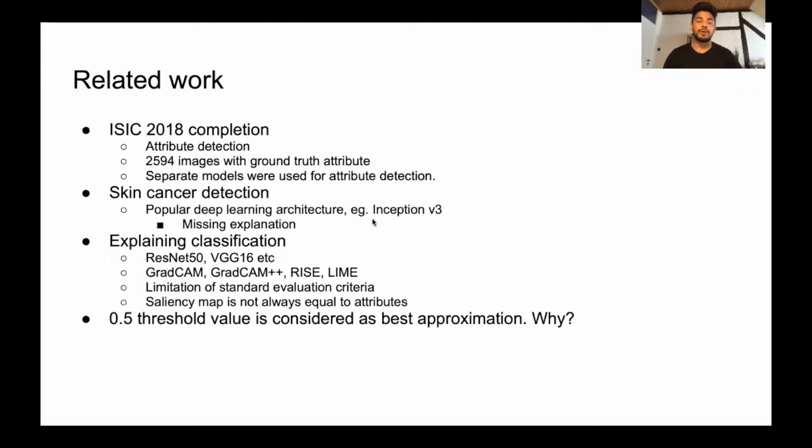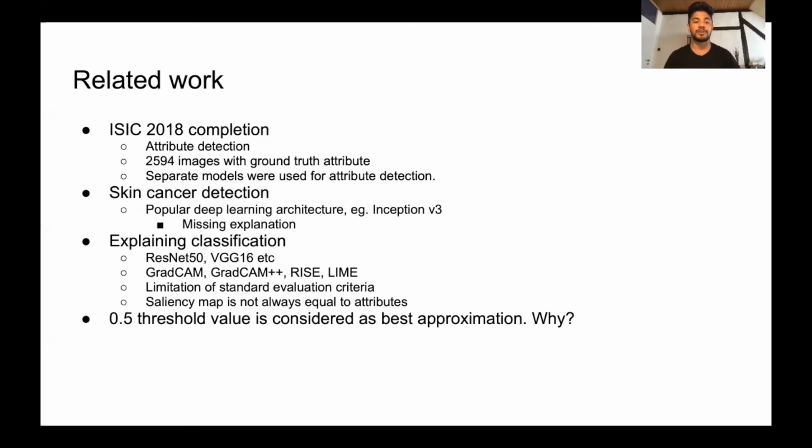Now I'll give you a hint on the related work that we looked at before starting our research. The competition has a lot of related work because many organizations were involved, and there were research outcomes in attribute detection.